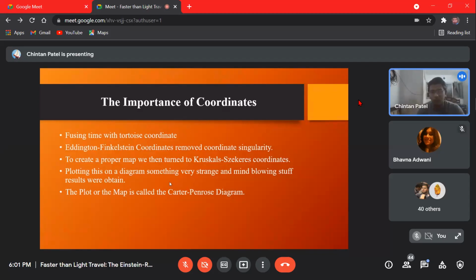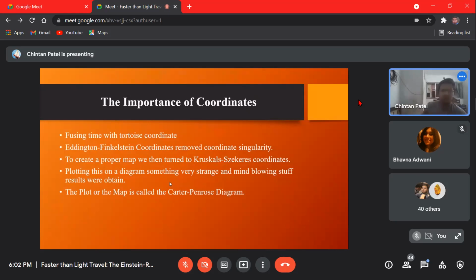This is where we do something called a coordinate transformation. Yes, we transform our coordinates to change the perspective from that observer. So we use something called Eddington-Finkelstein coordinates, which removes that coordinate singularity. Basically, it is a pseudo singularity, not a true singularity, so it removes that.